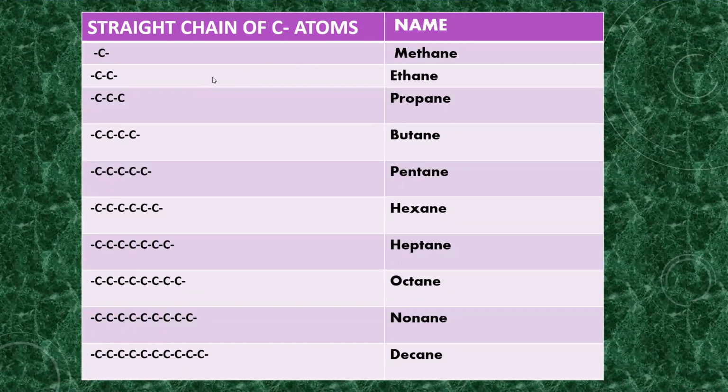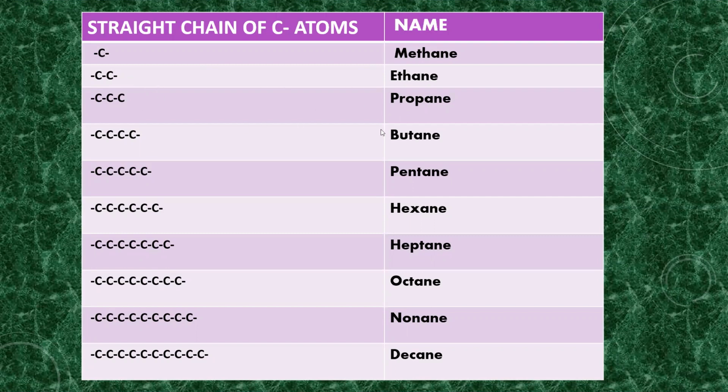This table shows the number of carbon atoms and the name of the parent alkane. If the given compound contains one carbon atom, the name of the parent alkane will be methane. If it contains two carbon atoms, the parent name will be ethane. Three carbon atoms, propane.